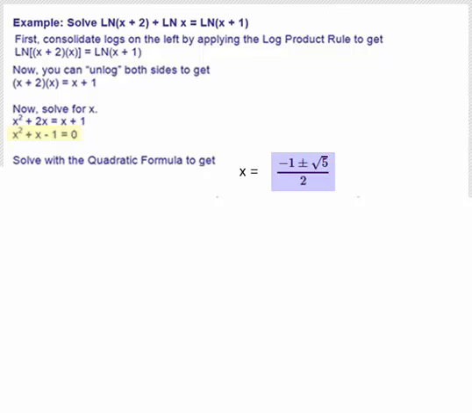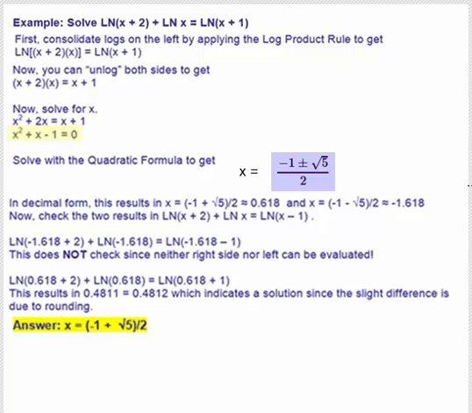And the way we can check them is to turn them into decimal form. The decimal form answers are 0.618 and also -1.618. Well, we can throw out the negative answer right away because we cannot take log of a negative.